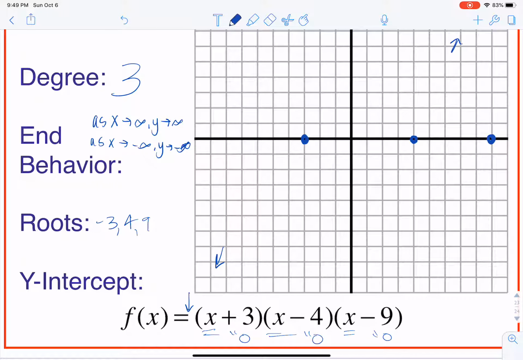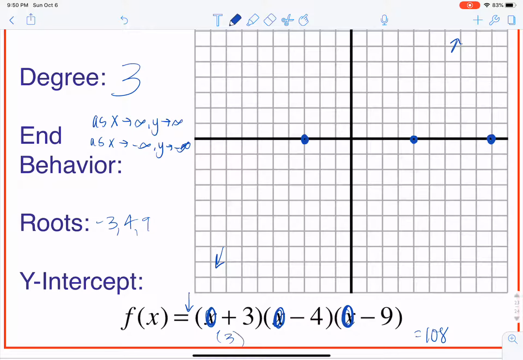And my y-intercept, if I plug in 0 for x here, I would have a 0, a 0, and a 0. And so what I can do is say, what is 3 times negative 4 times negative 9, and that's going to give me positive 108.